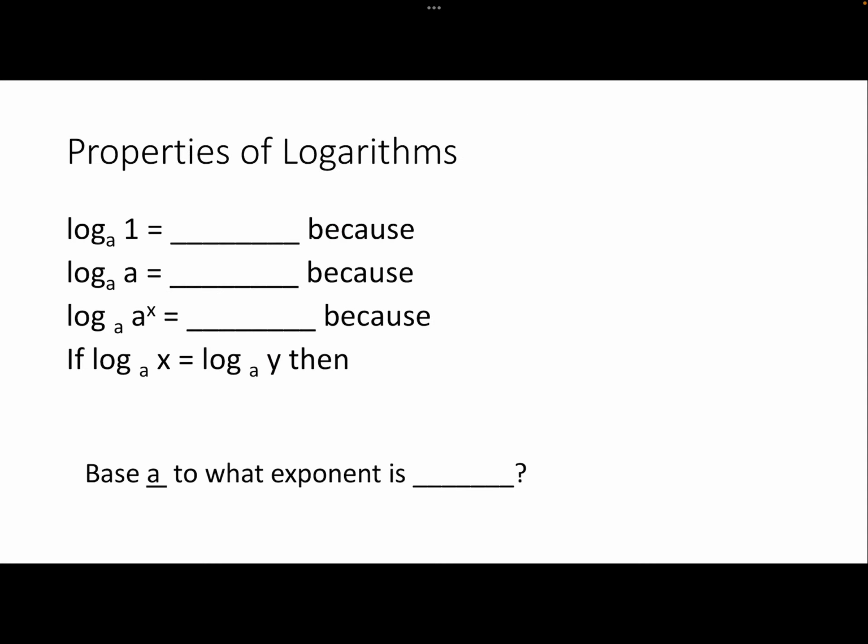So, properties of logs. Log base a of 1 is equal to what? Well, a to the 0 equals 1. So the log base a of 1 is 0. Anything to the 0 power is 1.